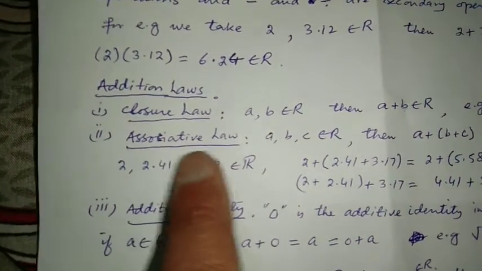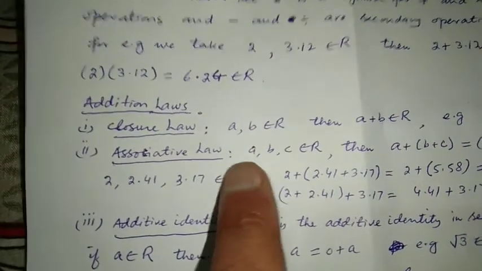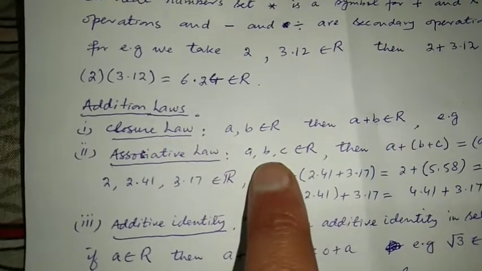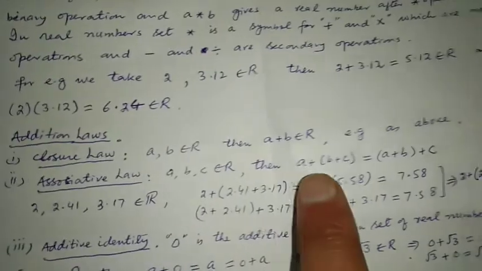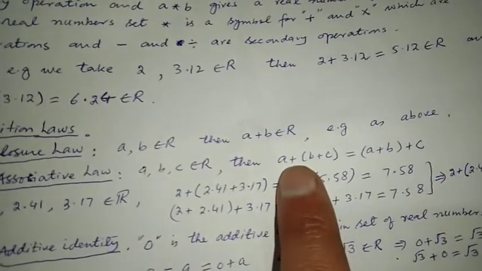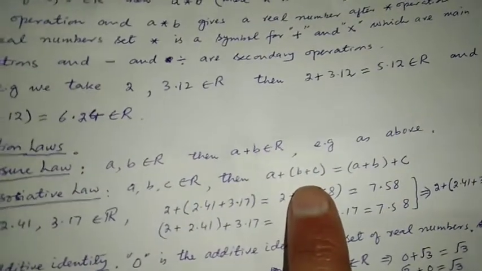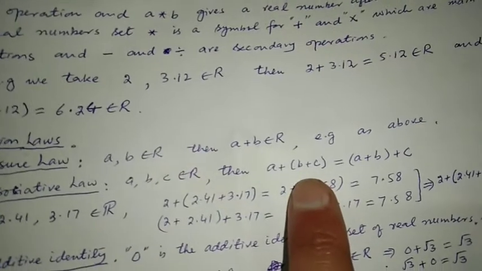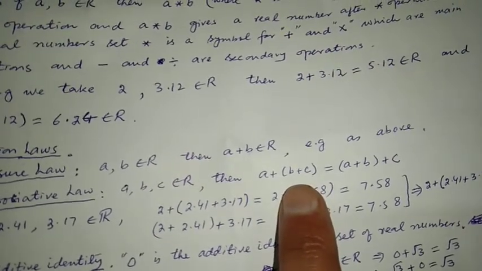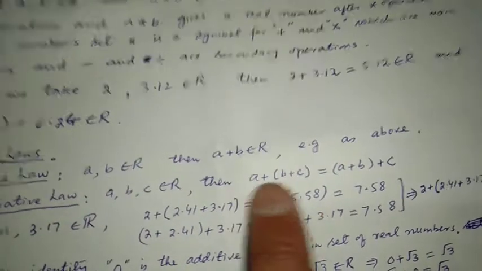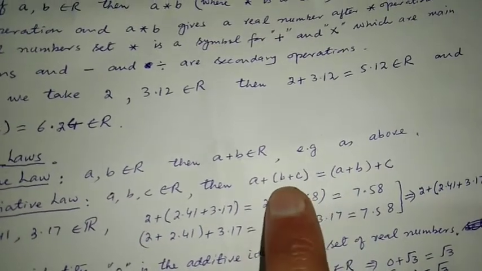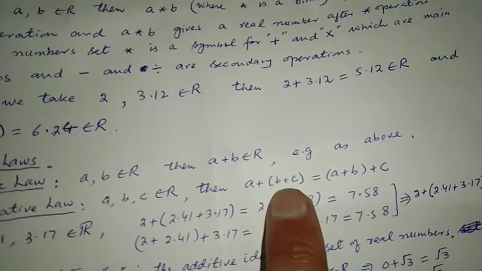The second law is associative law. So when we take three real numbers a, b and c, and we add these three numbers, we can do it like this. First of all, we add b and c, and later on we add a plus what is coming out from b plus c.